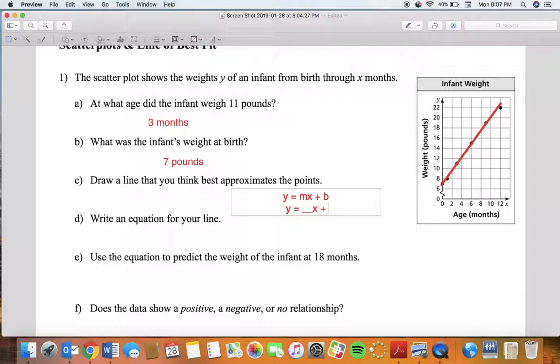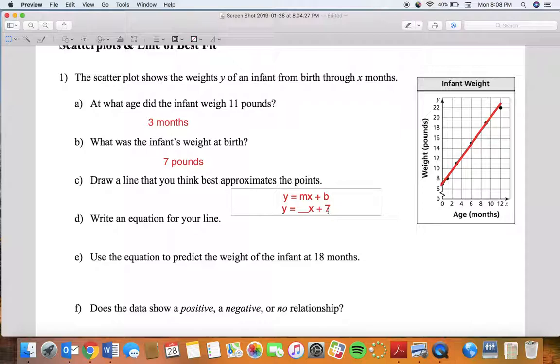Something x plus something. Y-intercept is probably easiest. My line conveniently went through the point at 0, 7. So I'm going to just say my y-intercept then is 7. Your y-intercept might be a little bit different. Maybe it was 6, maybe it was 8, maybe it was some decimal in between.